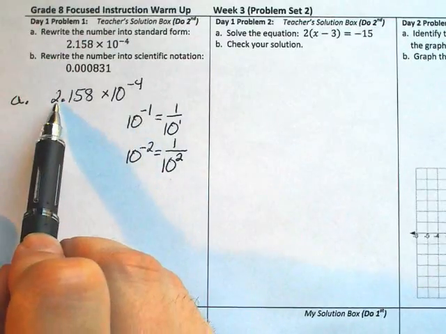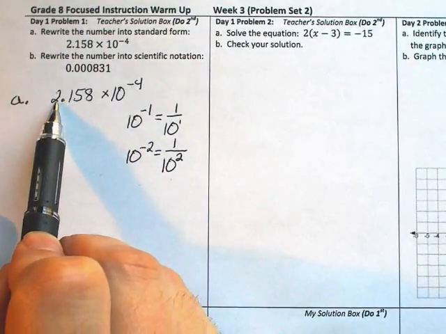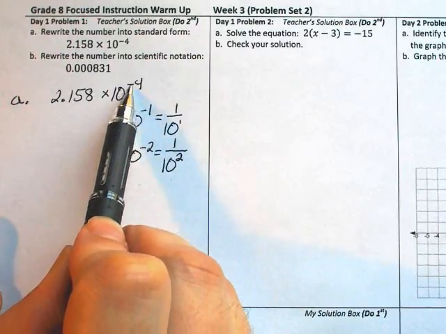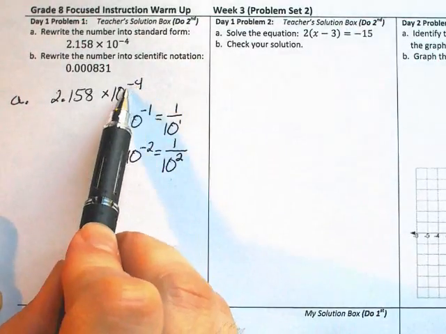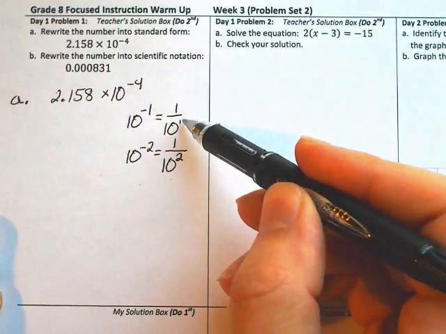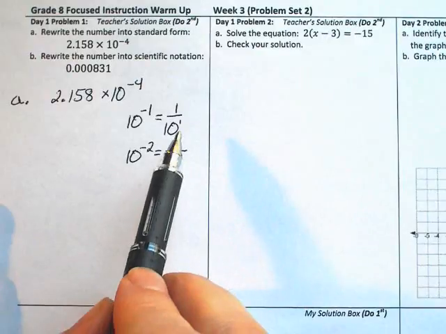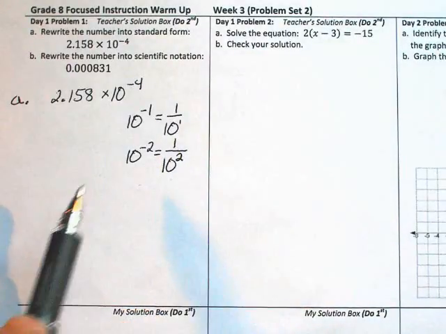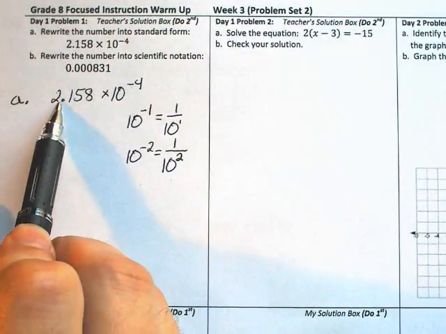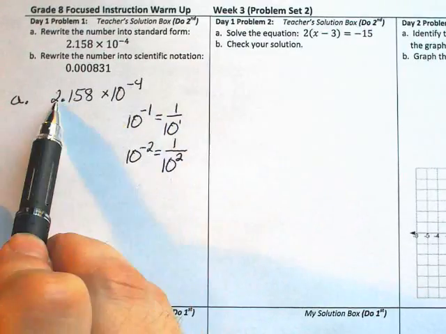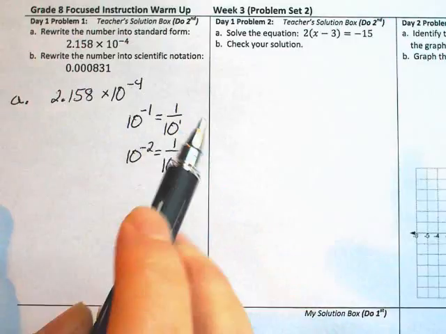Now, what happens to any number like 2.158 if we multiply it by 10 to the -4 power, remembering that negative exponents produce fractions? If you multiply numbers by fractions, the numbers get smaller. Okay? If we multiply this number by 10 to the -1 power, that would be like multiplying it by 1/10.